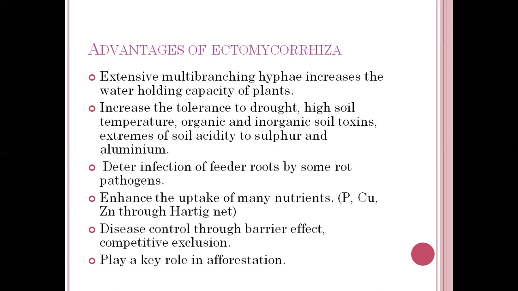So basically the presence of mycorrhiza, or specifically ectomycorrhiza, provides tolerance to the plant against drought, temperatures, toxins and acidity. It also deters the infection of feeder roots by some root pathogens and enhances the uptake of nutrients, that is phosphorus, copper, zinc, through the Hartig net.